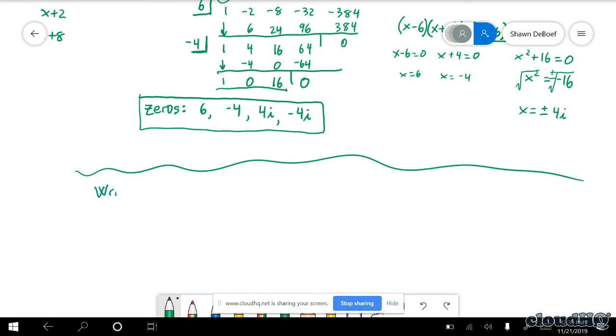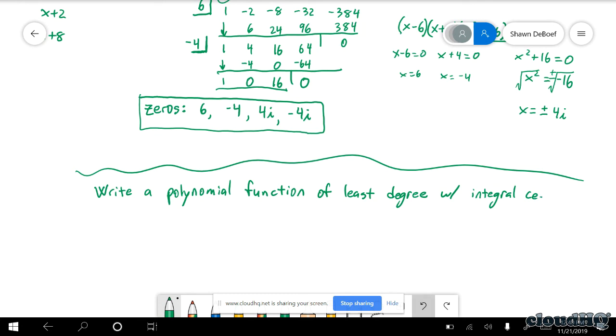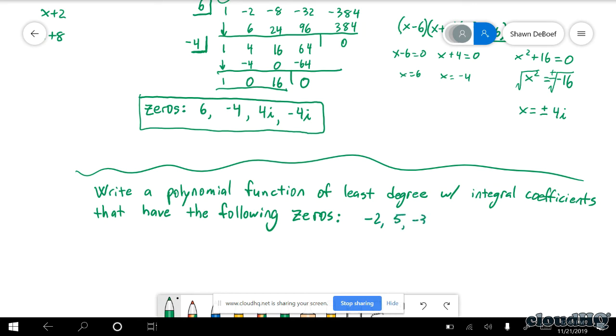Write a polynomial function of least degree with integral coefficients that have the following zeros: -2, 5, -3i.